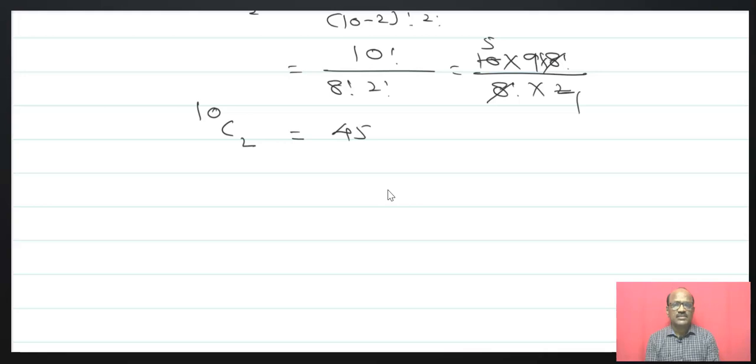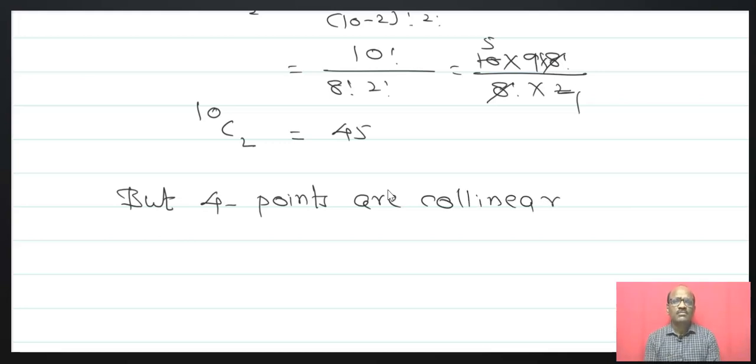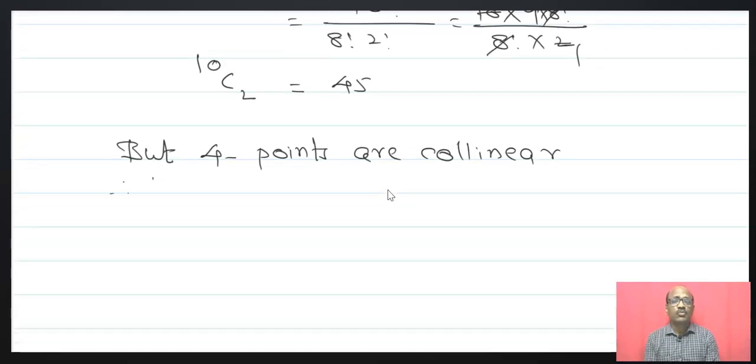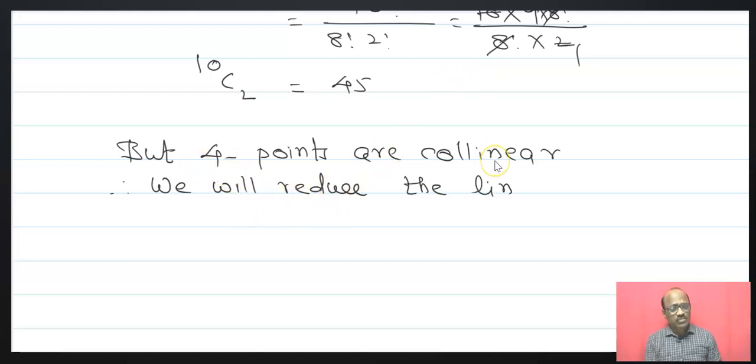Now the next is, but 4 points are collinear. That is, they do not form lines by selecting 2 points. Therefore, we have to subtract 4C2 from 45 and add only 1 line using these 4 collinear points.